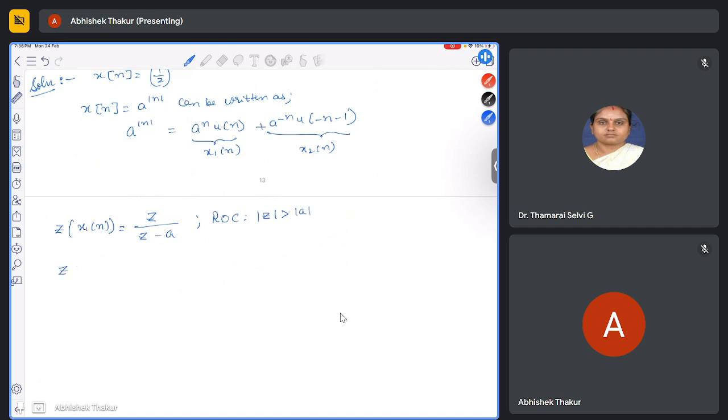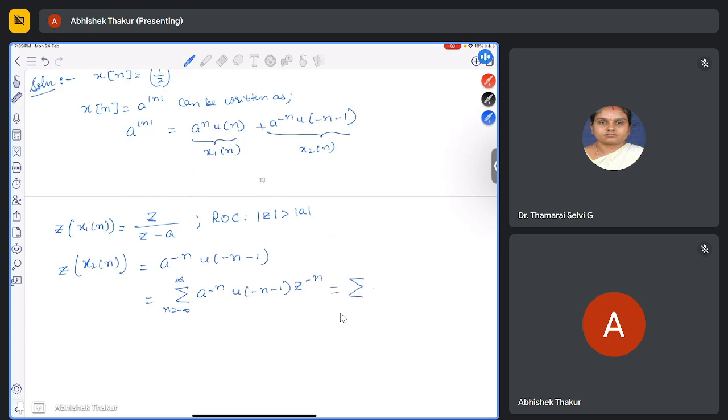Now the Z transform of x2(n), that is given as a to the power of minus n u(-n - 1). So for this it will become the summation of a^(-n) z^(-n).